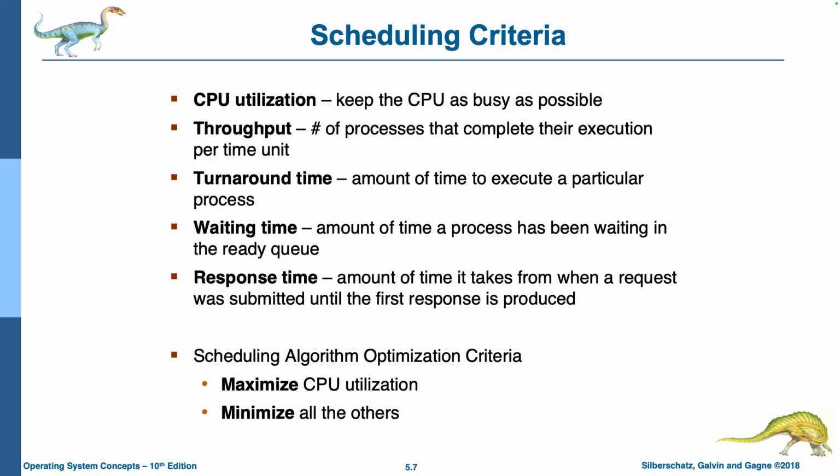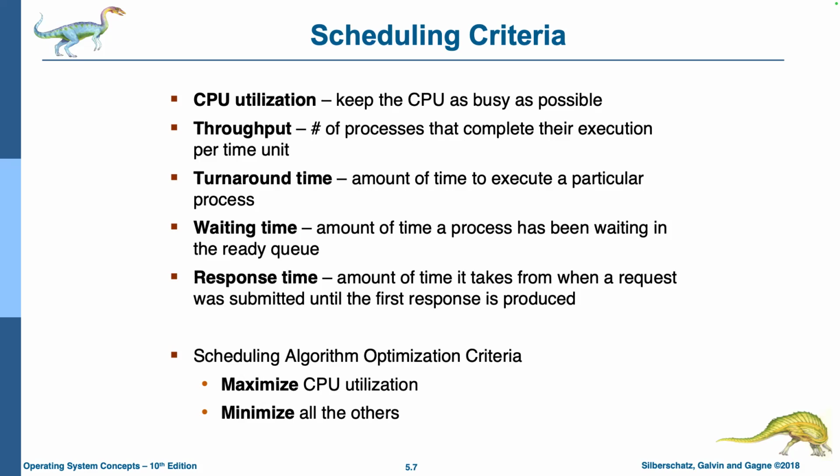And throughput, the number of processes that complete execution per time unit. Then turnaround time, waiting time, and response time. Turnaround time is the amount of time to execute a particular process, the total time. Waiting time is the amount of time spent waiting in the ready queue.